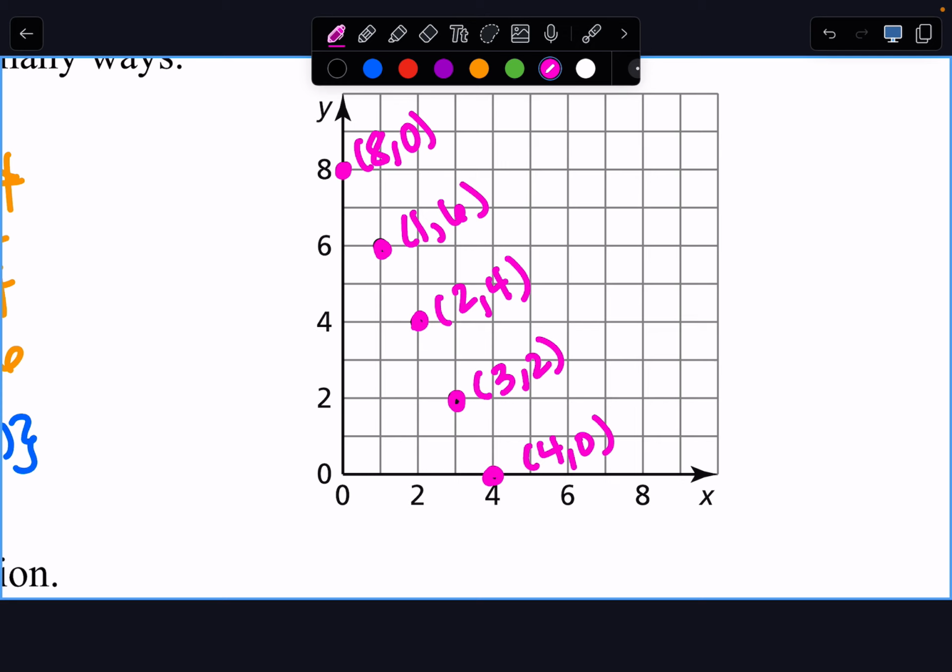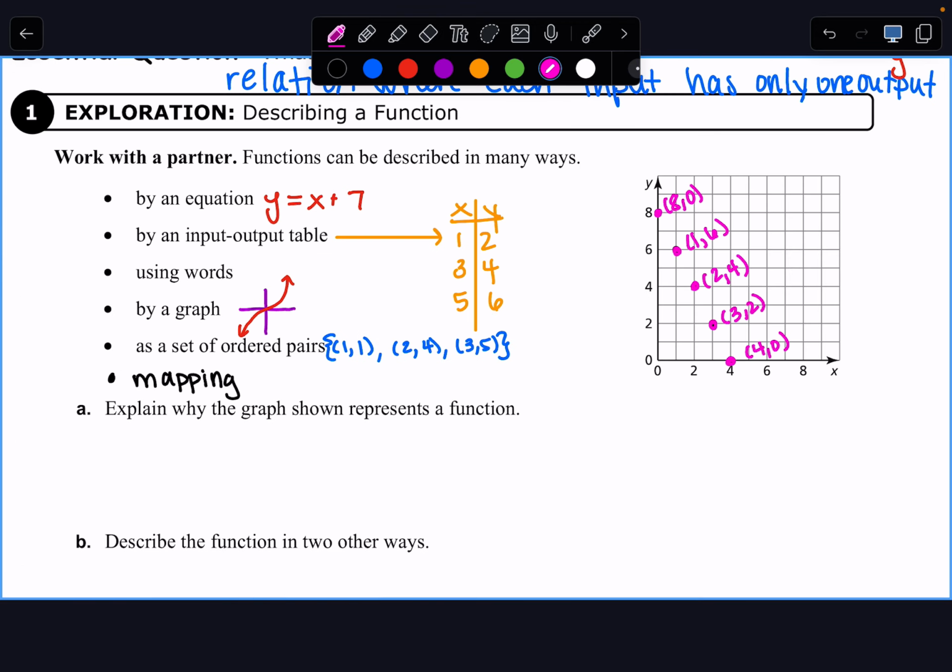Is there another coordinate up here that has an x of 3 with a different y value? No. This guy, x is 2, y is 4. Is there another coordinate up there where x is 2 and y is something else? Okay, so this is a function because all of our x's have only one y.